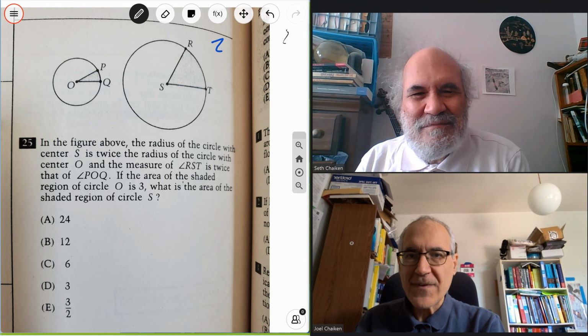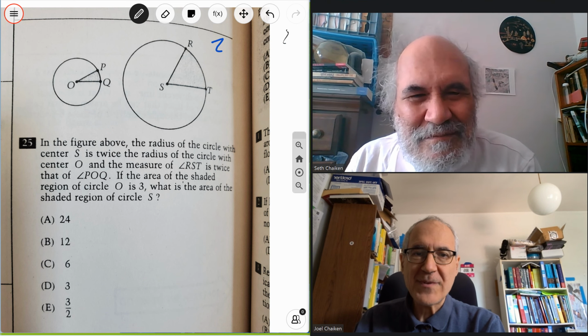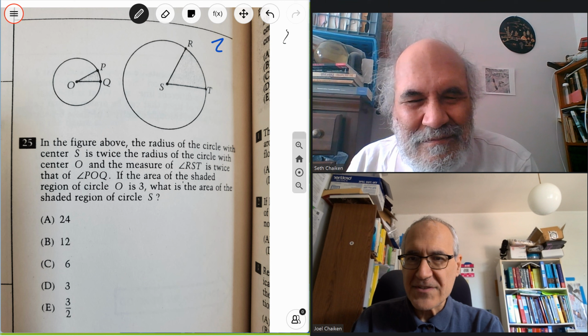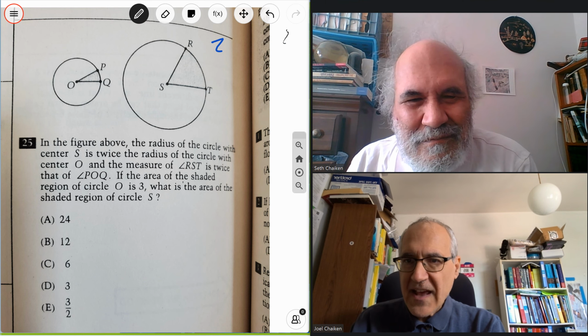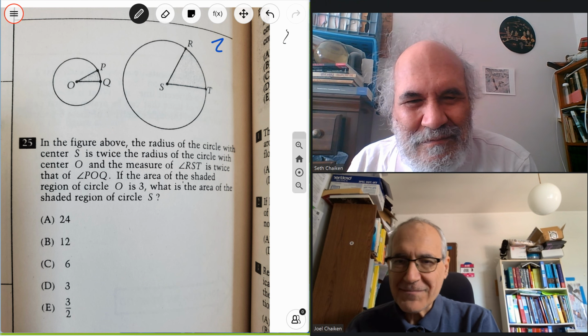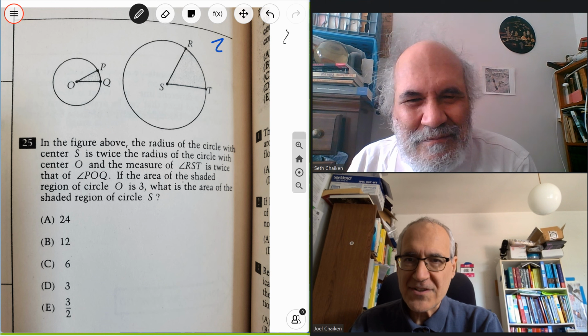This is a question from the SAT book from about 20 years ago, from the early 2000s, 2001 or 1999. And it has a whole different feel to it, but possibly you could see this type of question in the modern SAT post 2016.